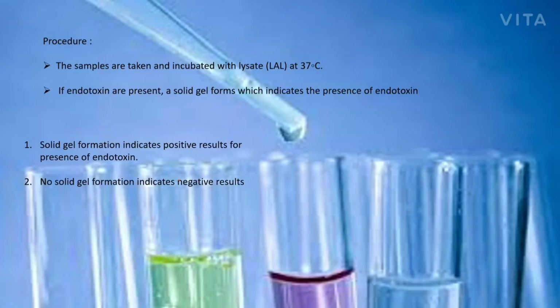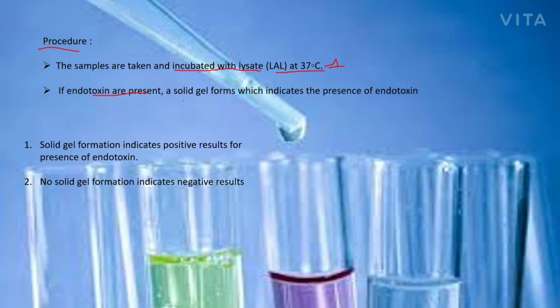And what is the procedure of this LAL test? The samples are taken in equal volume and incubated with the lysate at 37 degrees Celsius for 1 hour. If the endotoxins are present, so what was the principle of LAL in the introduction? That it coagulates.